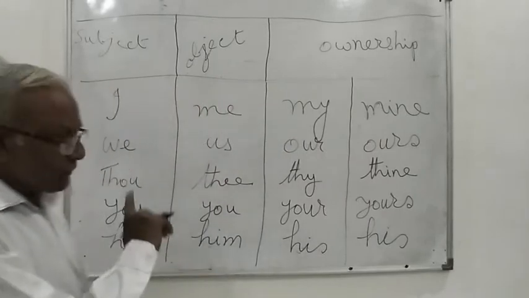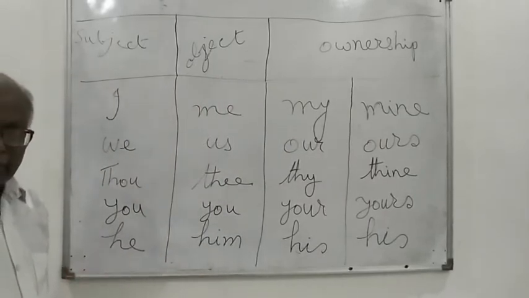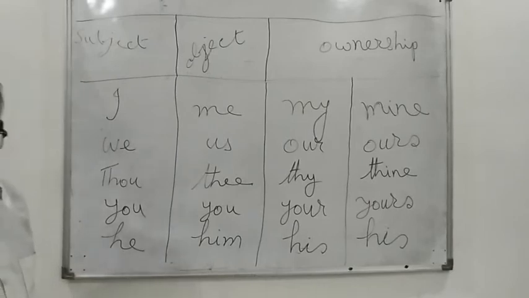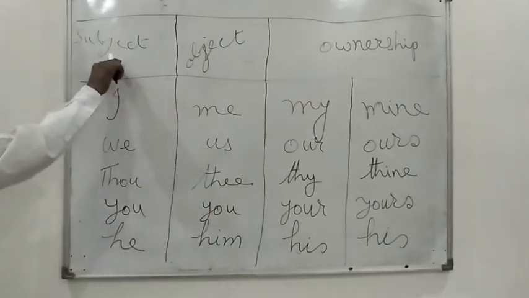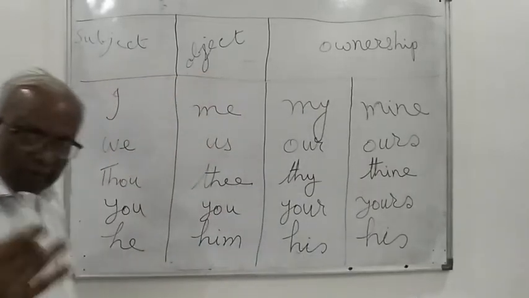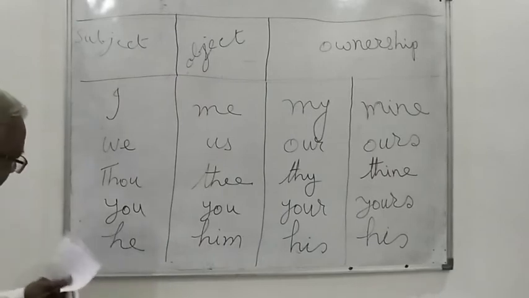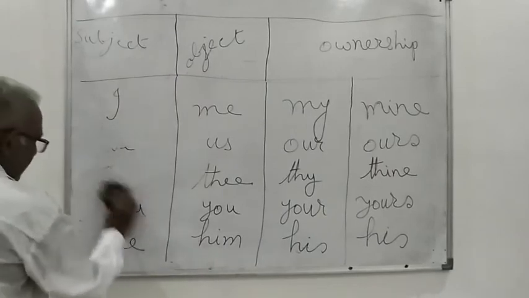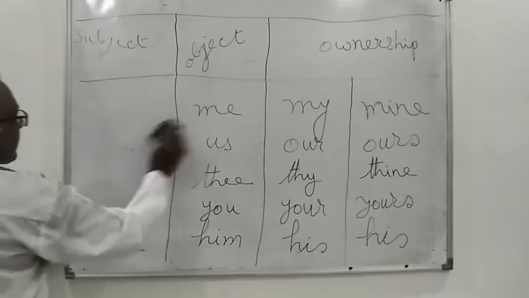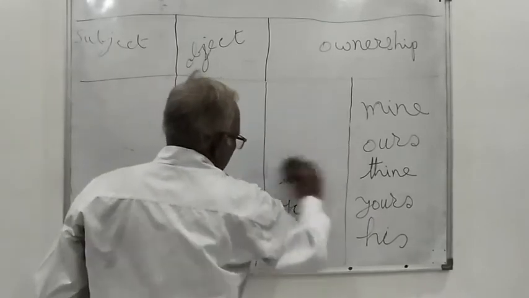Now these words are easy to commit to memory if you begin to use them as subject or object or as ownership. You will automatically find the words coming to your mind. We have written till he, and therefore we proceed further to write a few more that are left.